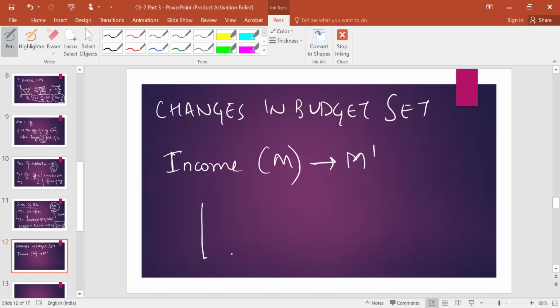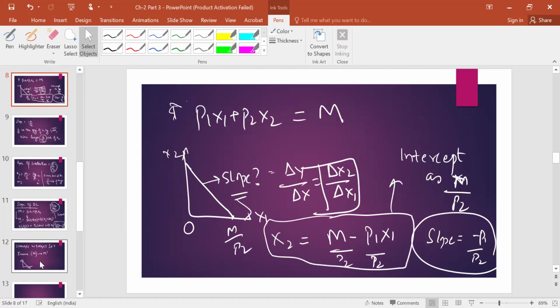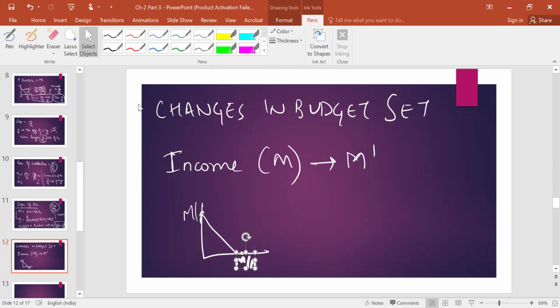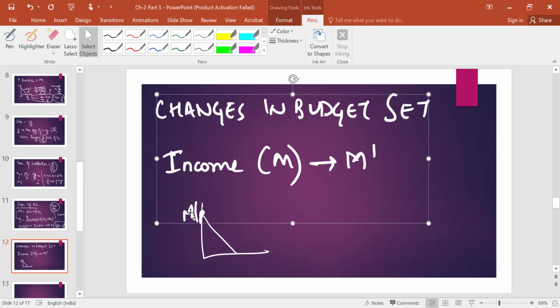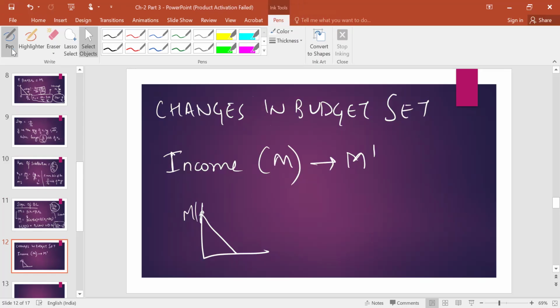So this is our income m by p1 and m by p2.